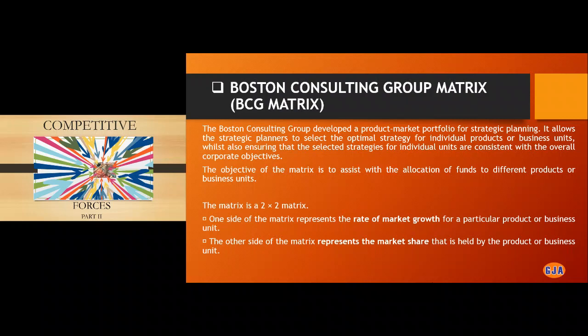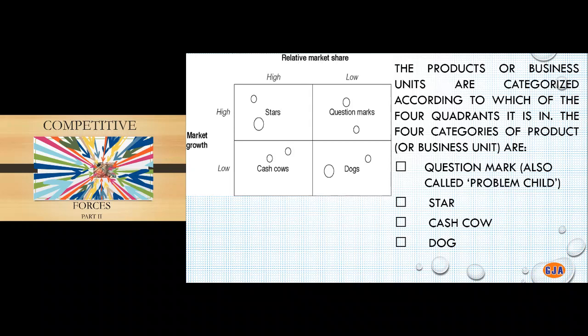So the BCG matrix is divided into two axes. Vertically and horizontally. Vertically from low to high. Here, can we see?